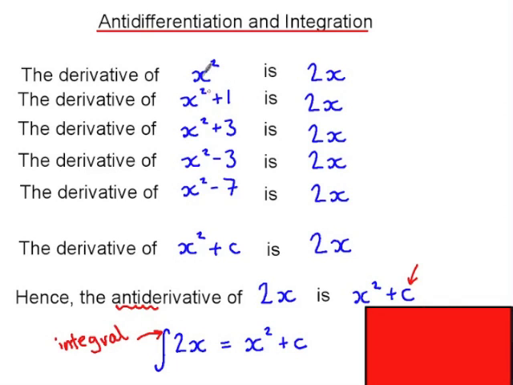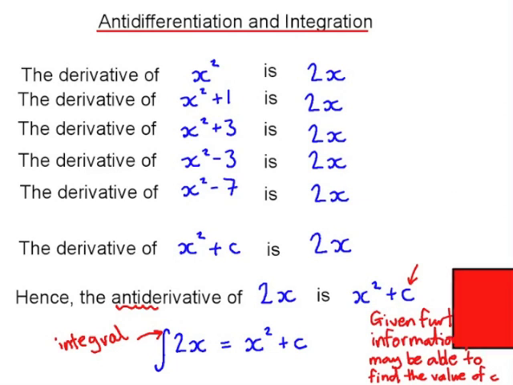So the terms antidifferentiation and integration are interchangeable. They mean the same thing. It's the reverse of differentiation. So the integral of 2x is x squared plus c. And given further information, we may be able to determine the value of c.